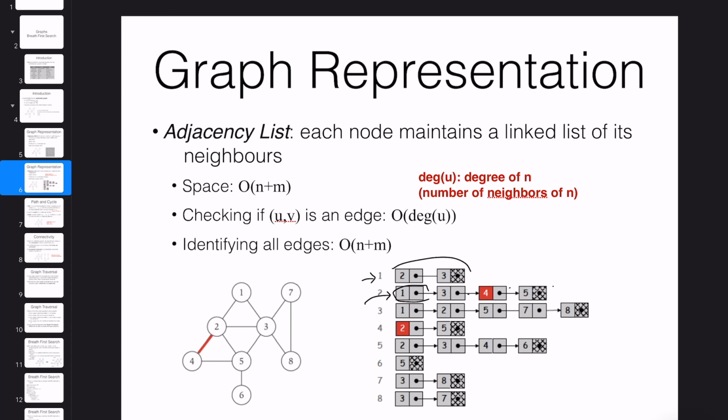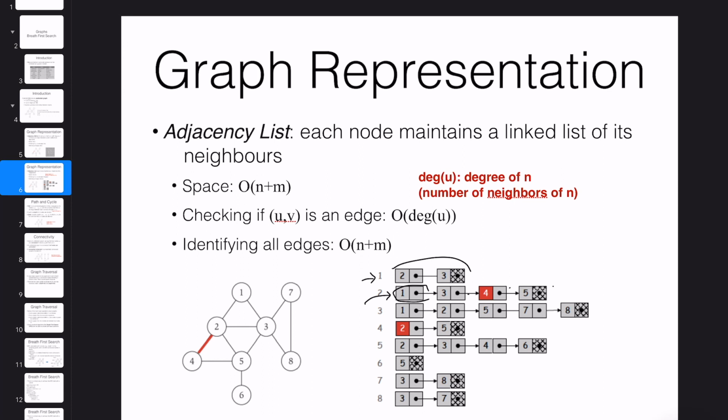So here let me actually define this notion as well: we define the degree of a node to be the number of edges that we have for that node. So for example, the degree of 2 is 4, the degree of 1 is 2, the degree of 7 is 2, and so on. So that's it.